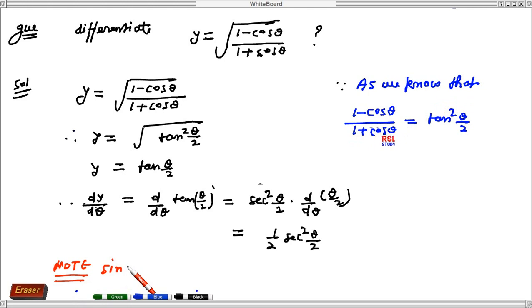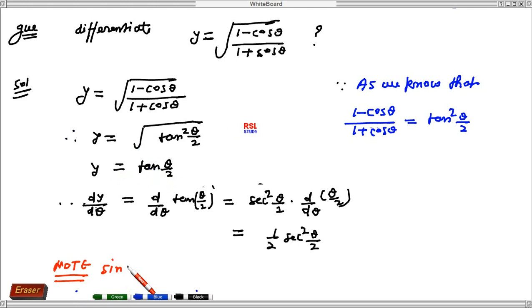Similarly, if you break this cos into 2 cos square theta by 2 minus 1, then minus 1 and this 1 will cancel, so only 2 cos square theta by 2 will remain. So in the numerator 2 sin square theta by 2, and in the denominator 2 cos square theta by 2. So 2 will cancel. Finally the term will remain sin square theta by 2 by cos square theta by 2, which will be tan square theta by 2.